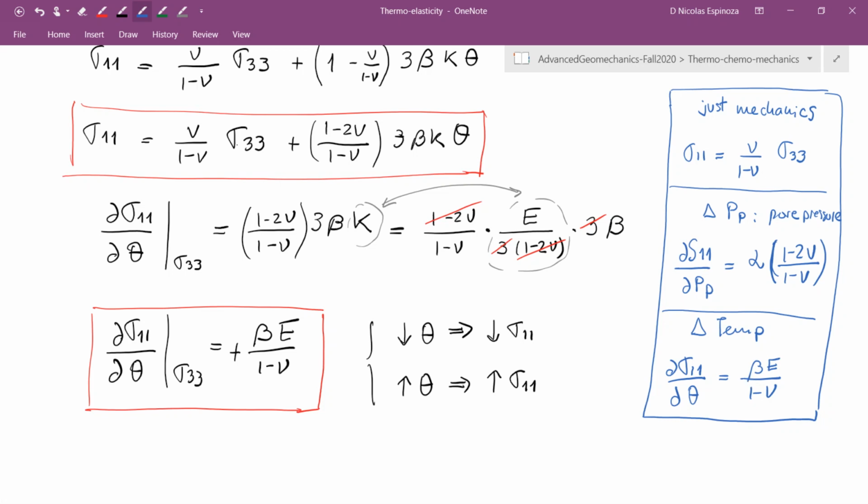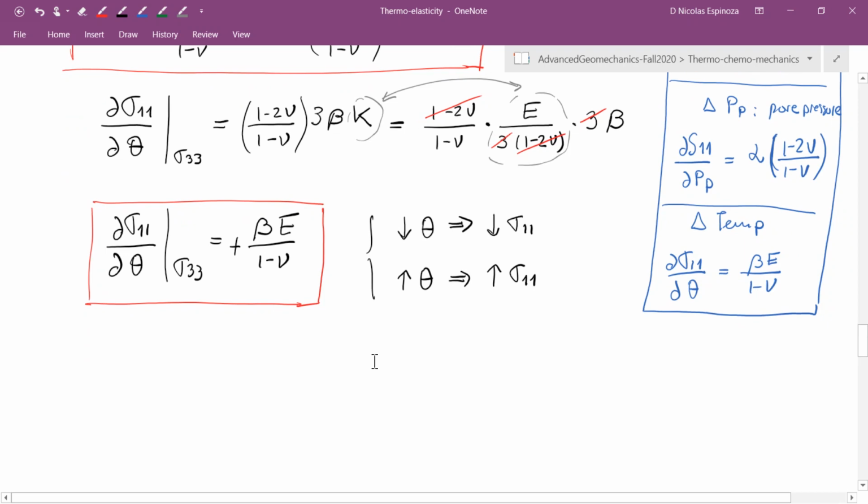Okay, so just to have an idea about the importance and the magnitude of these stresses, let's do something similar to what we did before. Let's assume some typical values, for example, a beta equal to 10 to the minus 5, 1 over degree Kelvin. Let's assume a rock with a Young modulus of 10 gigapascals and a Poisson ratio equal to 0.2.